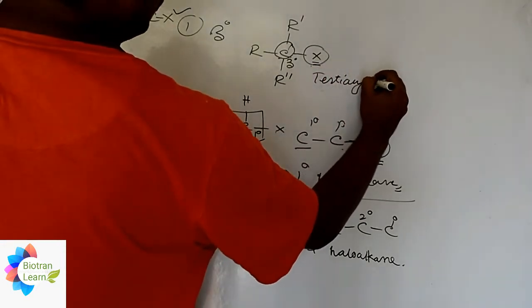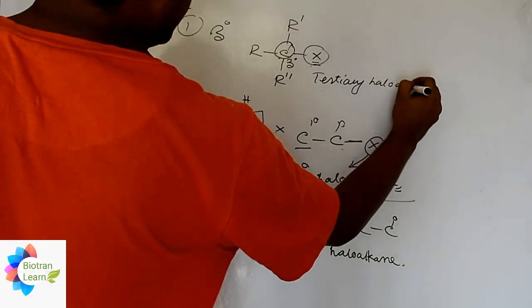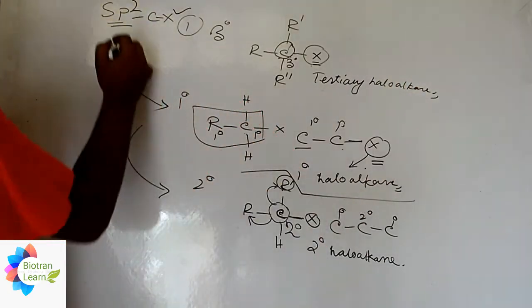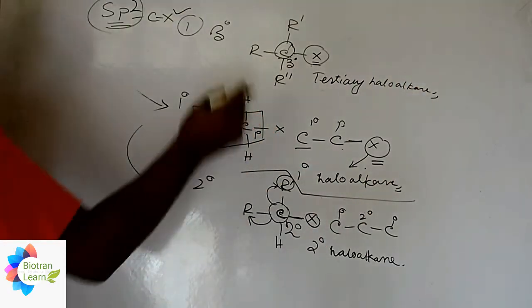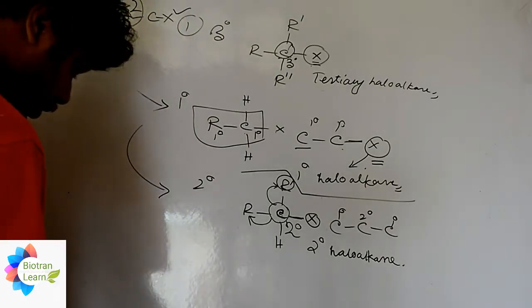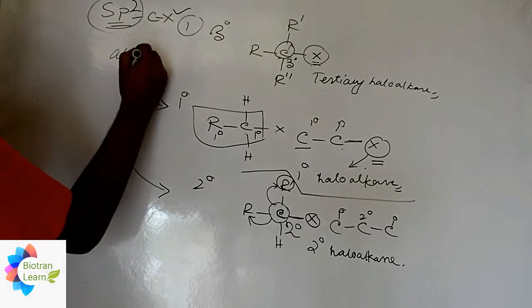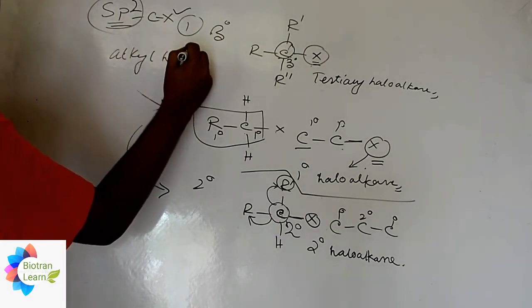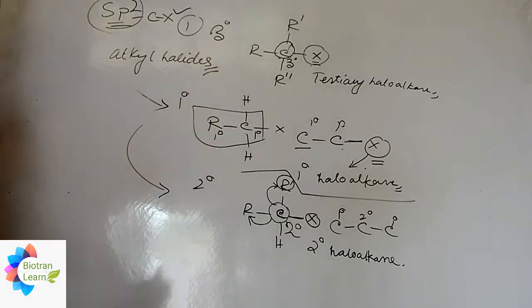Okay. Now, all these are aliphatic kinds of structures or alkyl halides in general.